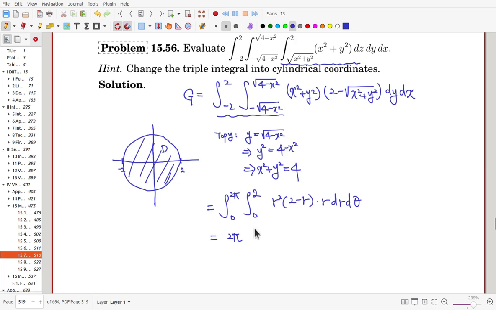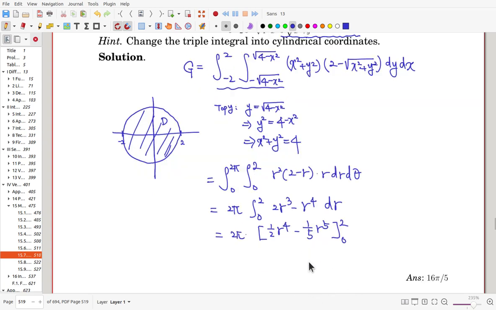The remaining part is from 0 to 2 of 2r cubed minus r to the 4, dr. So it's 2 pi, and the antiderivative is one half r to the 4, and 1 over 5 r to the 5, and then evaluate from 0 to 2.